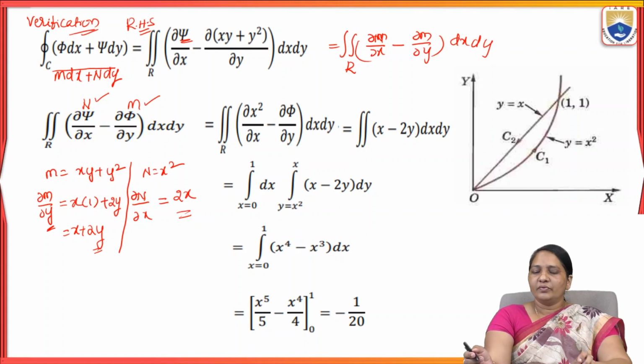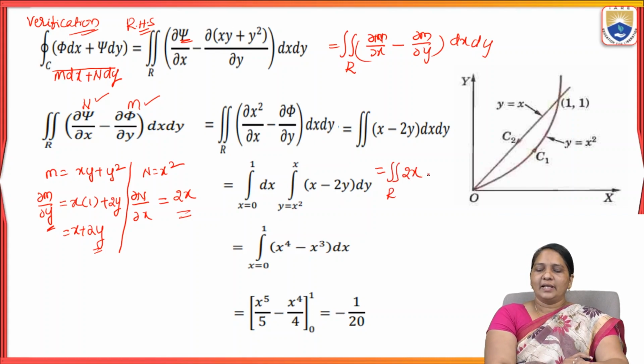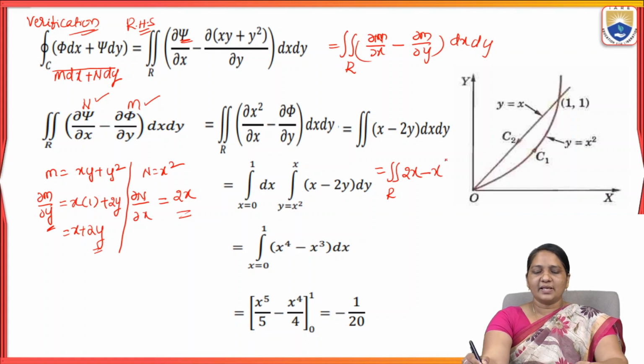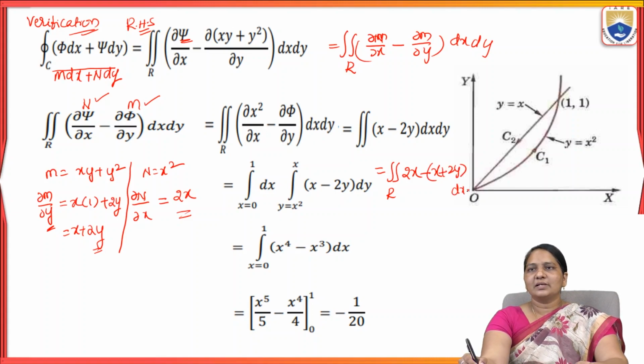So here we have the double integral over R of 2x, minus dou M by dou y, that is minus (x plus 2y), into dx dy.